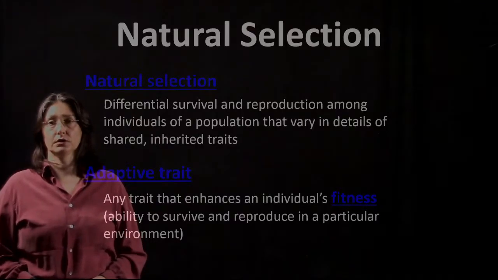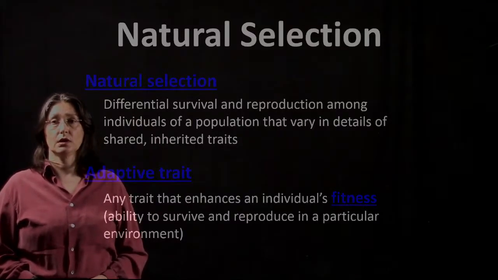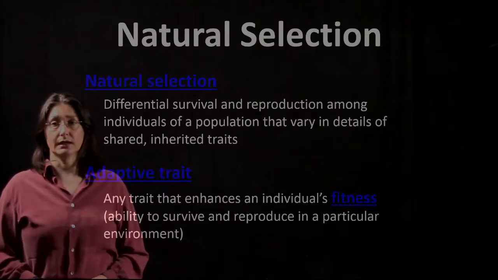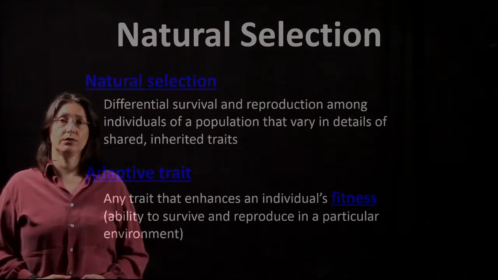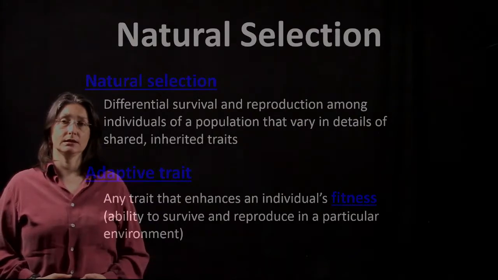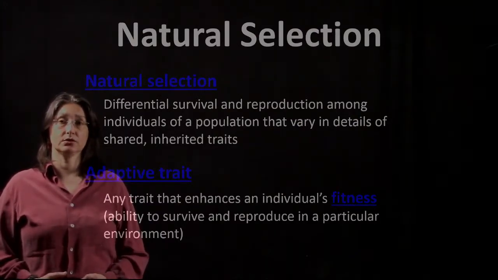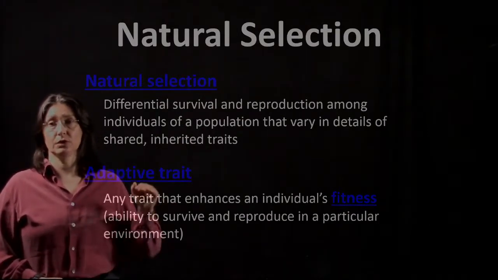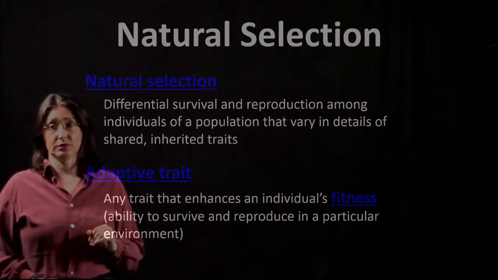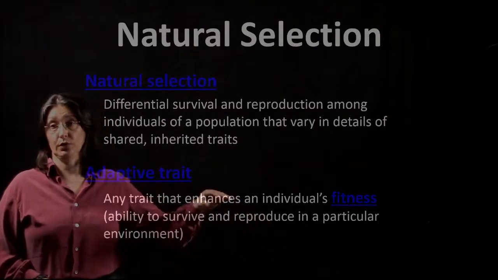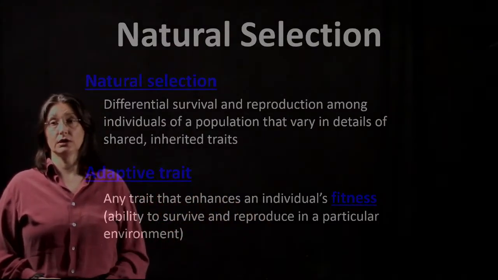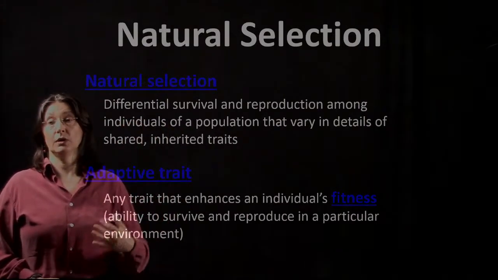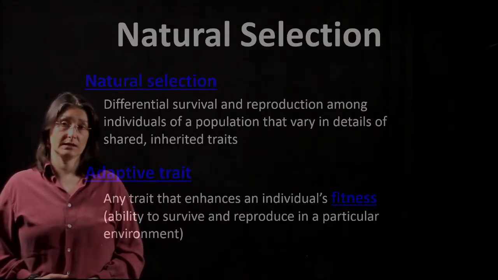So as a quick review of the concept behind the mechanisms of natural selection, a heritable adaptive trait that gives a group of individuals within a population that is under environmental constraints due to limited resources, leading to competition, would give those individuals that have that particular heritable adaptive trait higher fitness to both survive and then later reproduce, giving those individuals a differential survival amongst other individuals within that same population.